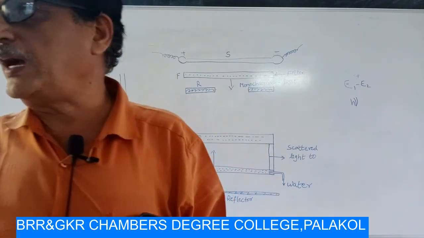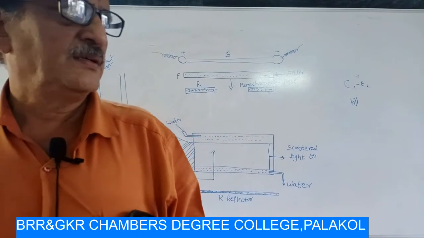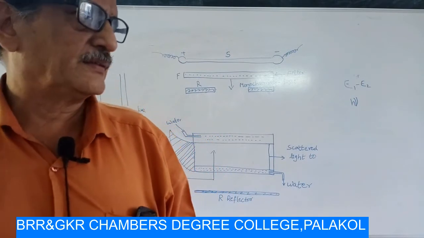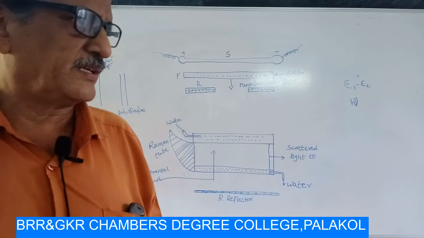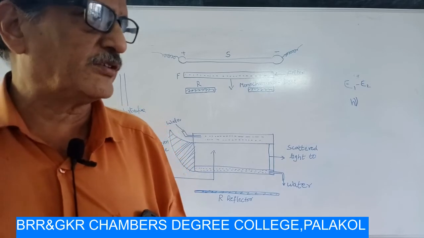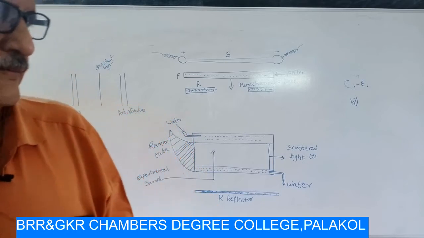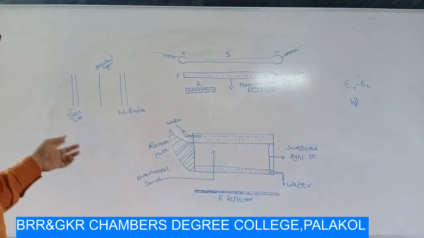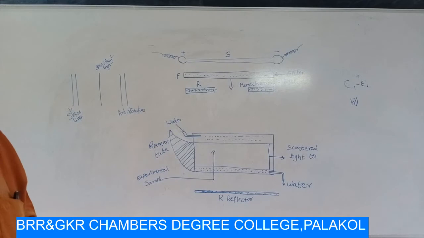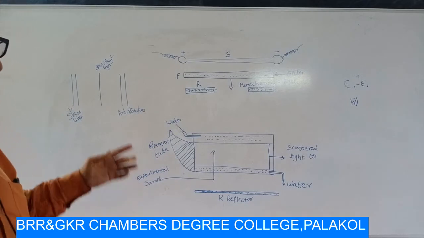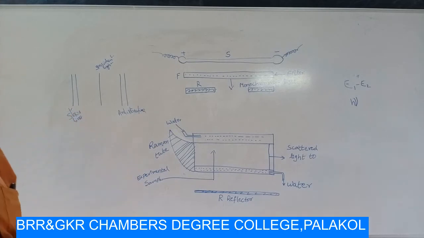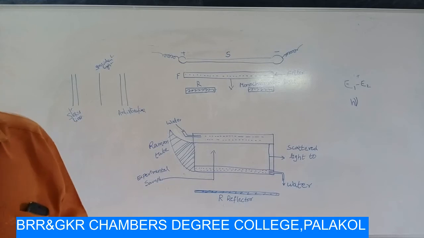The probability of getting this change, the change which gives the anti-Stokes line, is less than that of the Stokes line. That's why anti-Stokes lines are weaker than Stokes lines.